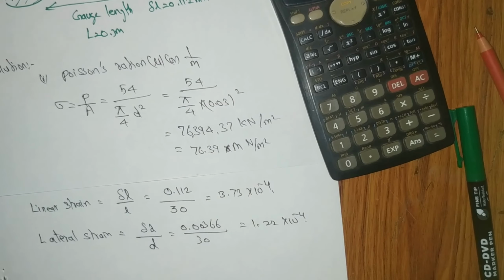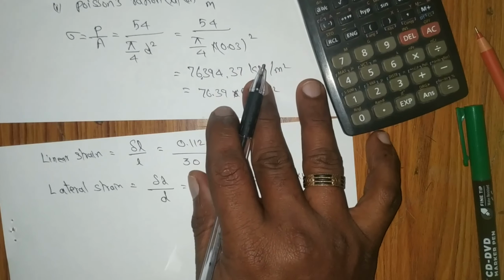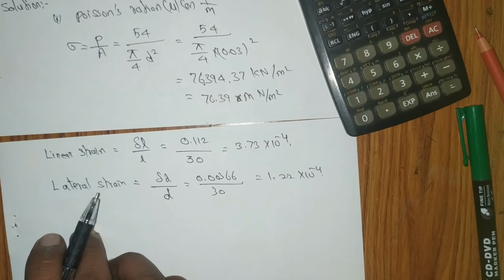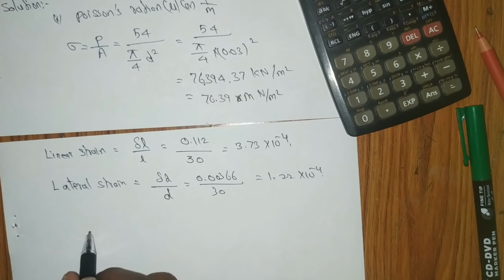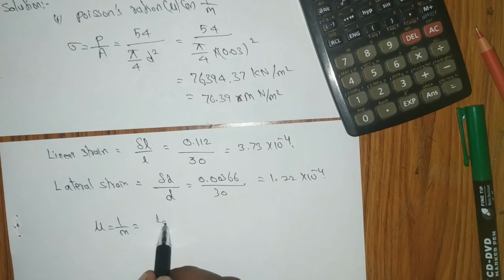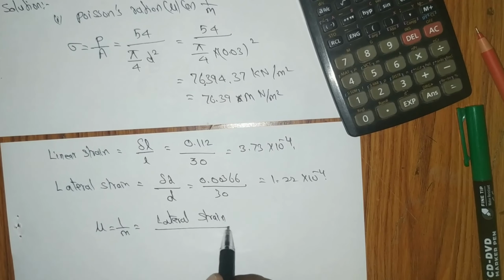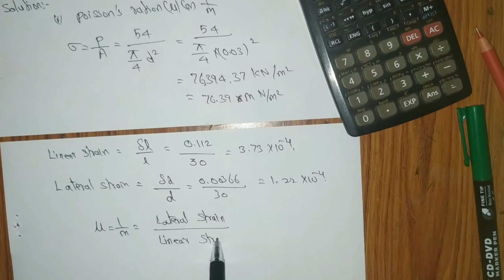This will be your lateral strain and linear strain. So now we are going for the Poisson ratio. Why we identify this lateral strain means we know the Poisson ratio formula, mu equal to 1 by m, or we call it lateral strain divided by linear strain.